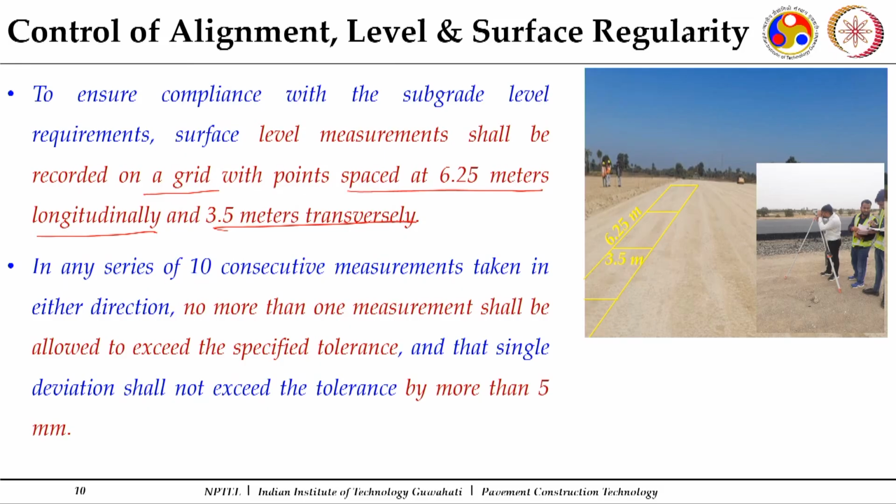And if I see that certain deviations are coming within plus minus 20 mm, but certain ones are going out of it, then it says in any series of 10 consecutive measurements taken in either direction, no more than one measurement shall be allowed to exceed the specified tolerance of plus minus 20 mm. This tolerance is different for different layers.